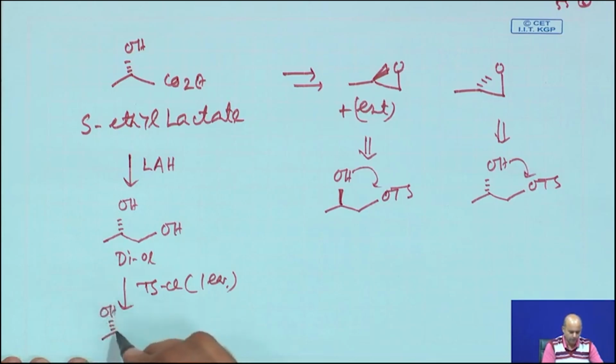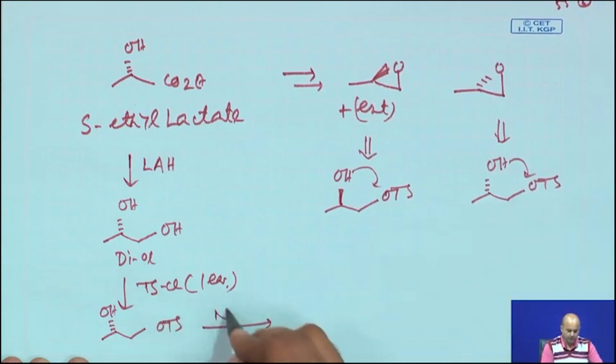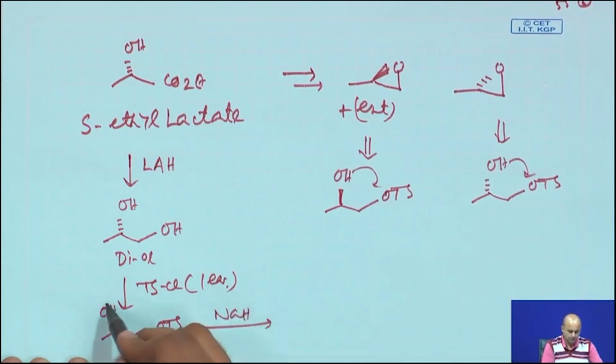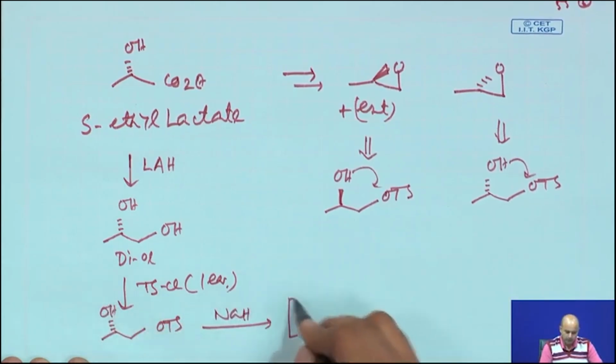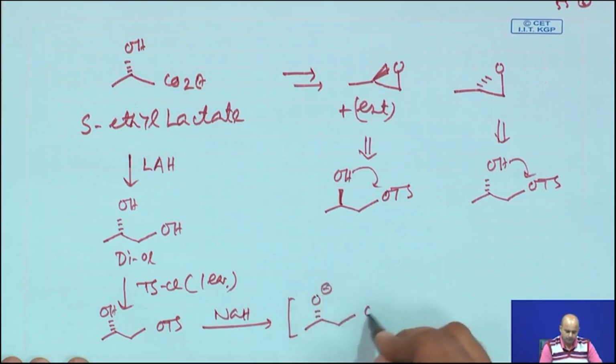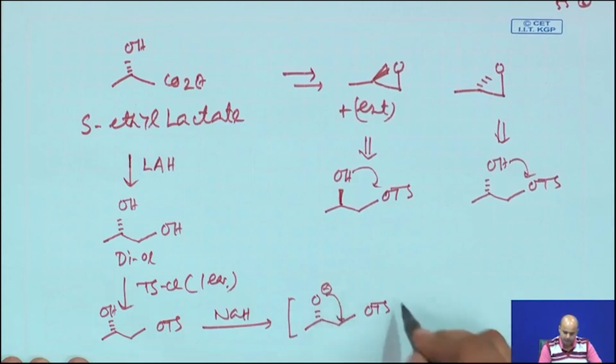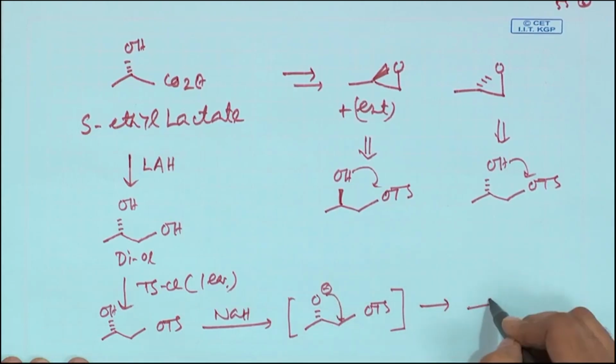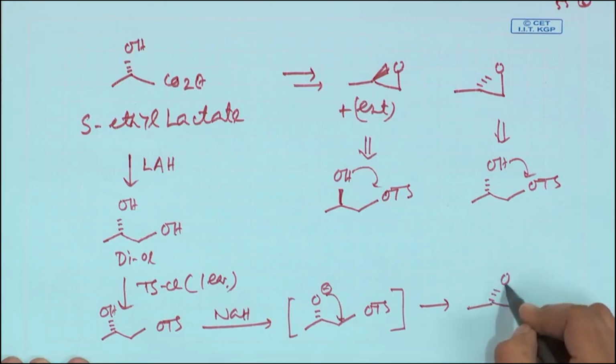You get this OH, CH2OTs intermediate. Now you treat this intermediate with sodium hydride, which will give you the O minus and CH2OTs, which will now react intramolecularly at this primary center. It will give you this epoxide.